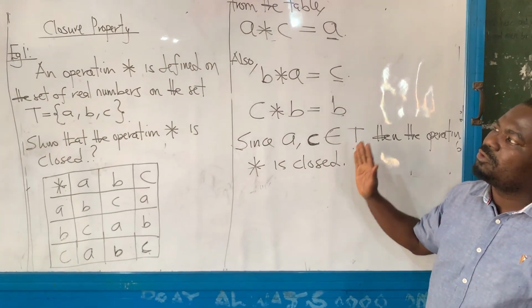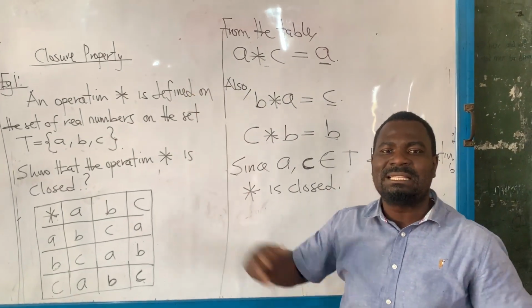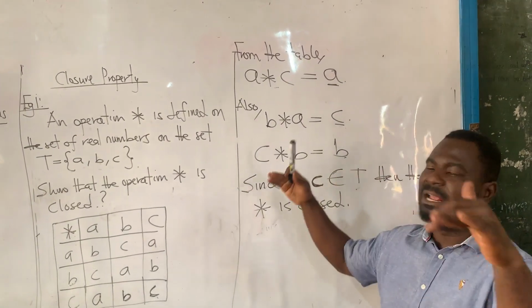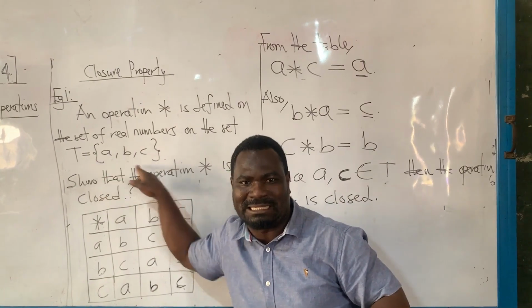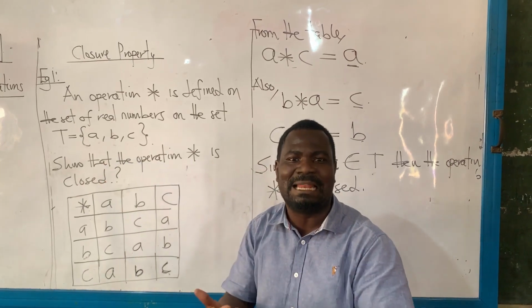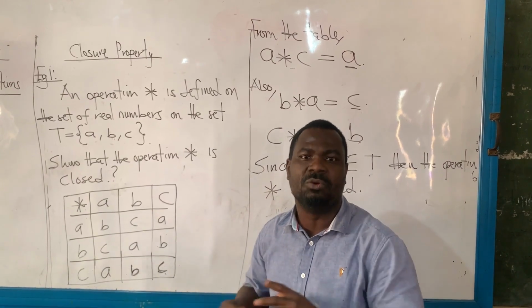So this is how to go by the closure property. Always your answer in performing the operation should be a member of the set you are dealing with. In that case, you can say that the operation is closed.